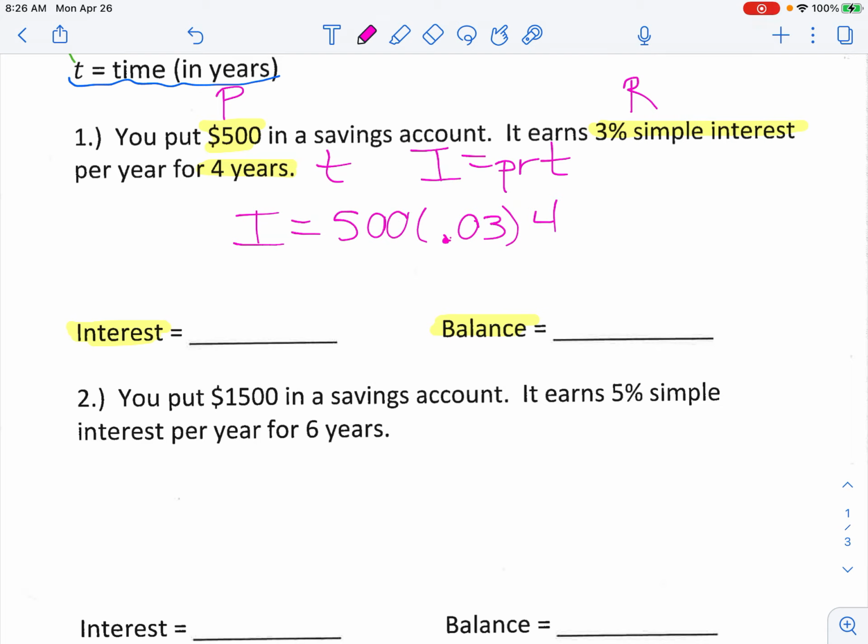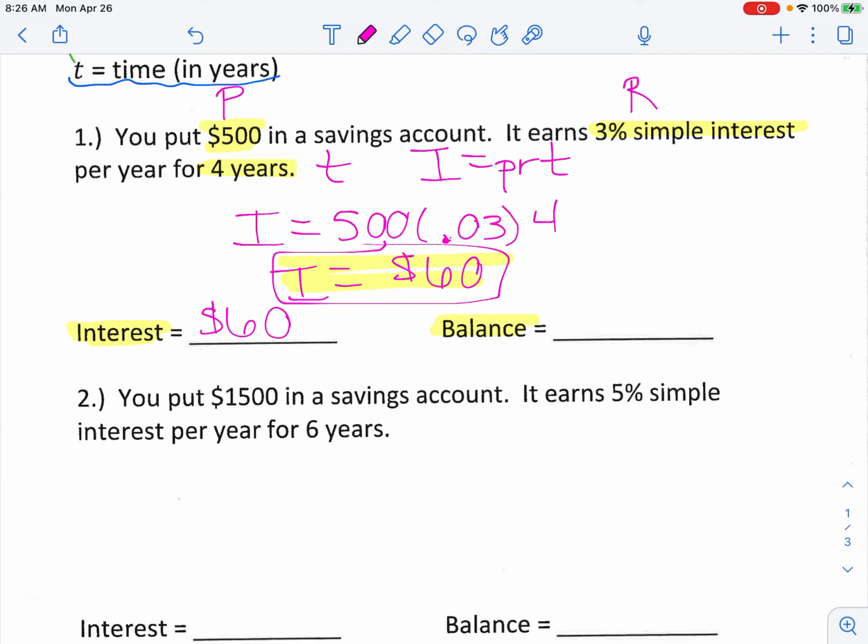So now I'm going to go to my calculator and multiply 500 times 0.03 times 4. And the answer that my calculator gives me is 60. Since we're talking about money, I'm going to label that as interest equals $60. So that's part 1 of our answer. You're going to earn $60 in interest over 4 years.